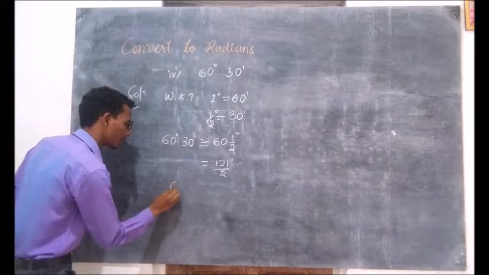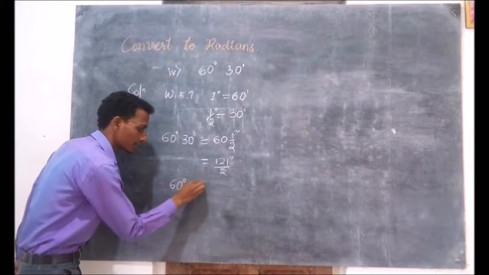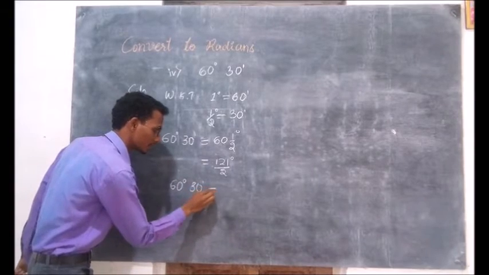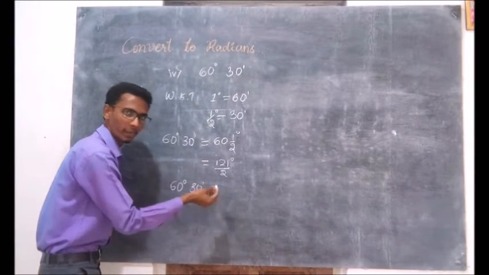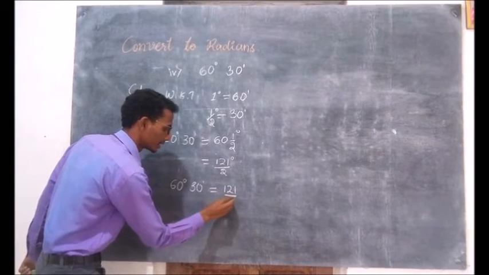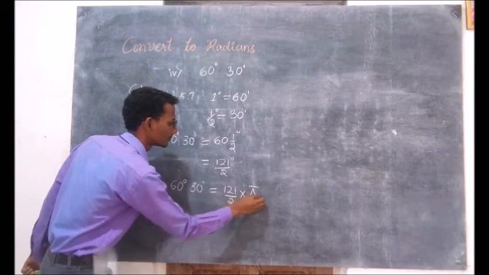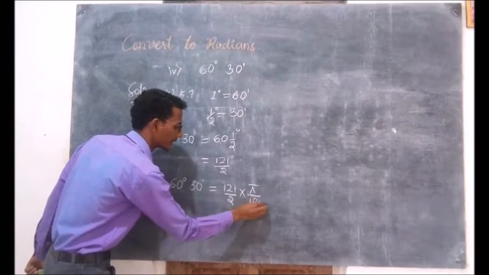Now, when we want to convert 60 degrees 30 minutes into radian measure, that is the degree measure into pi by 180, 121 by 2 into pi by 180.